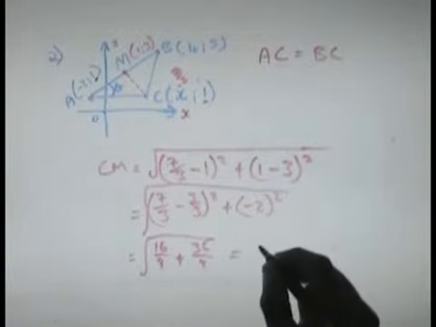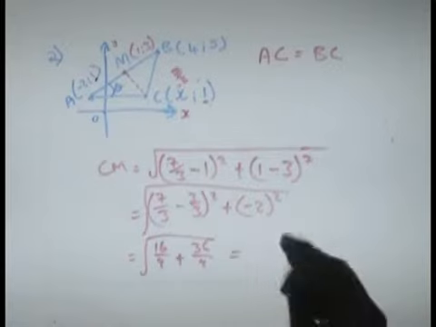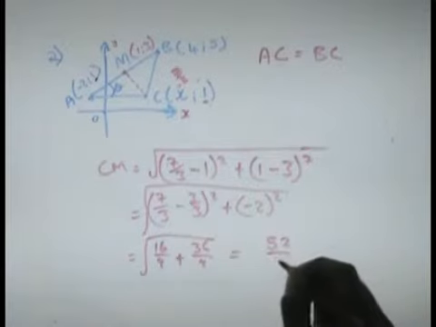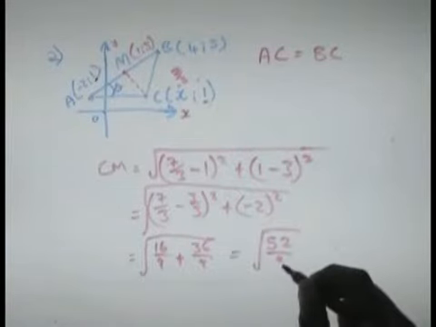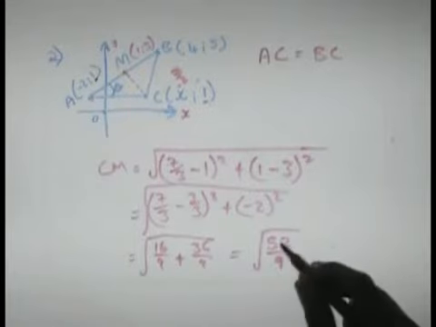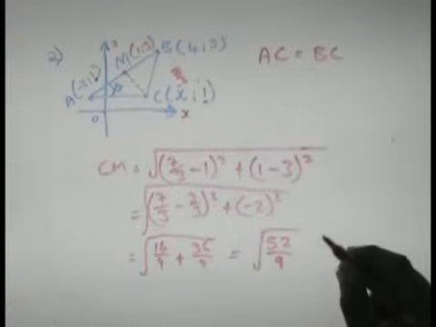That's going to equal 16 plus 36, which is 52. 52 over 9 in the square root. If you want to, you can simplify that. I'm not really bothered that you do, but you can. 4 goes into 52 13 times.